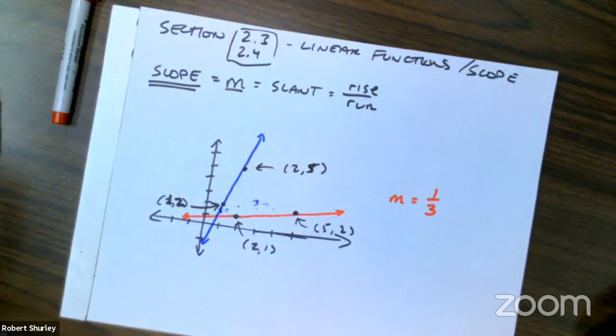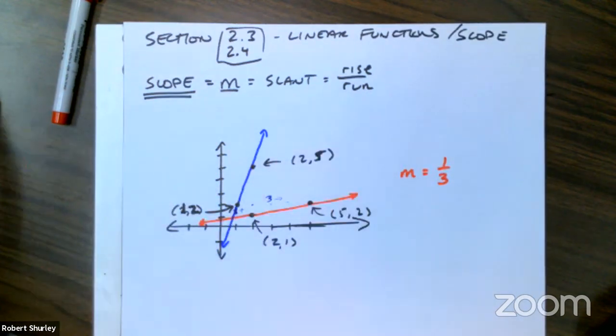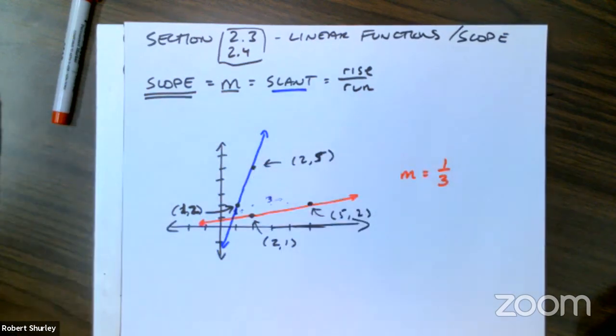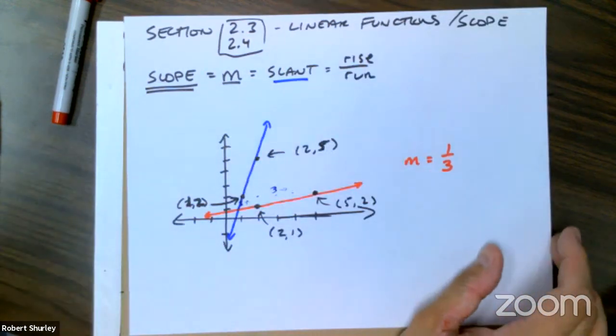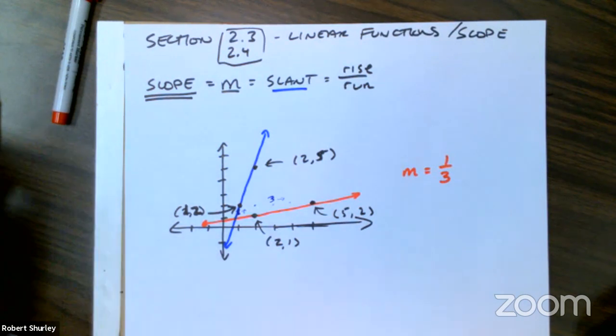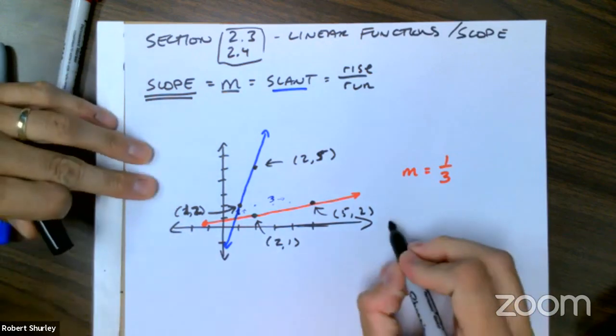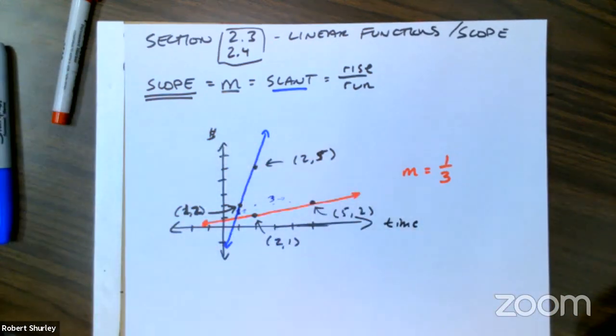Now, right away, you should visually be able to see that this blue line has a much larger slant, right? It looks as though as x is increasing, y is increasing faster. If we were looking at, let's say, time and money, I would much rather have that blue account than that red account, right?